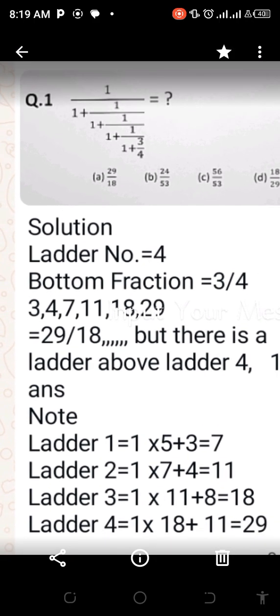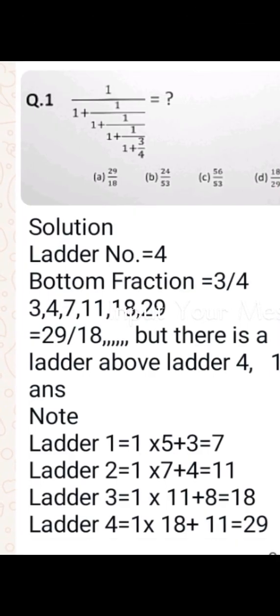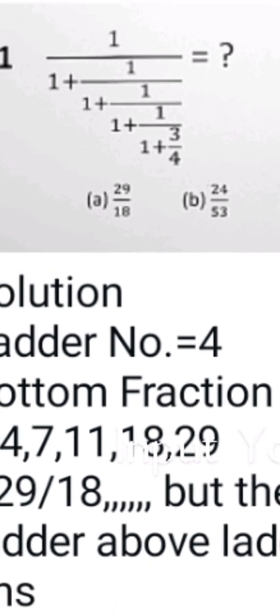Solution now. Number of ladders is 4. The reason why we take out this number of ladders is for us to know the number of ladder values we are going to find. We are going to find values for 4 ladders: ladder 1, ladder 2, ladder 3, ladder 4, ladder 5, as the case may be. And we start finding the value from the bottom.